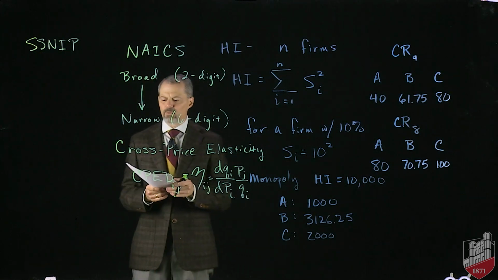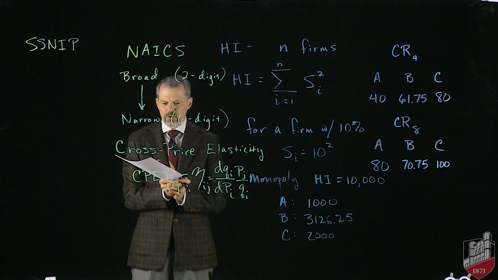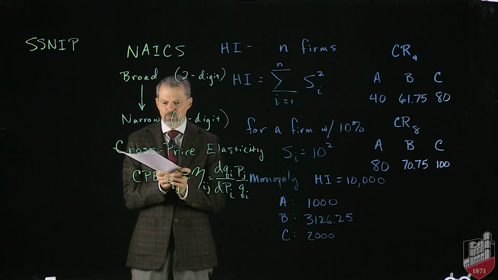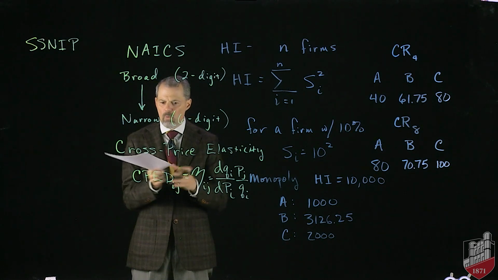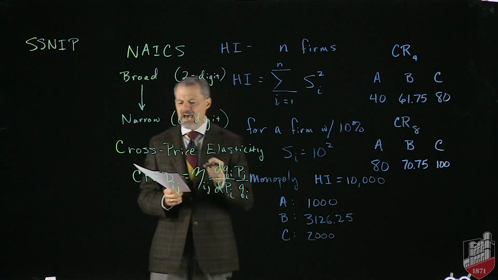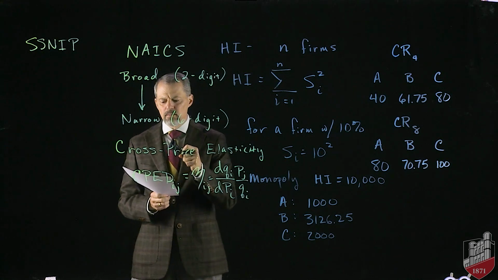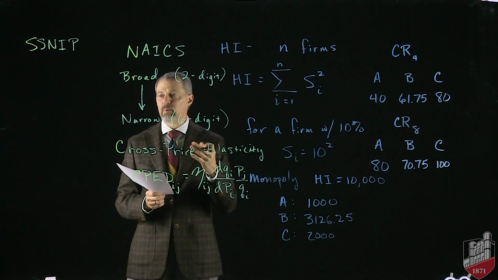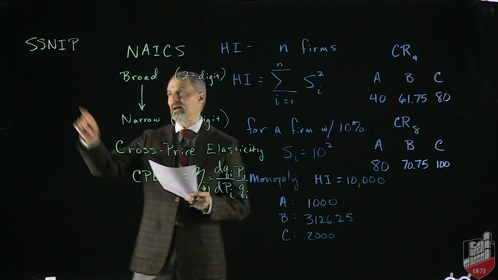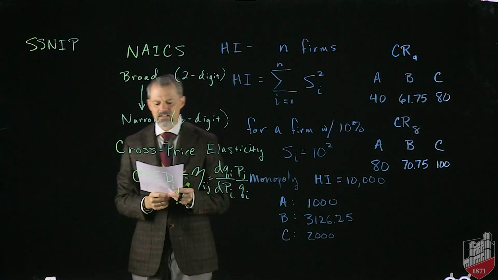And then we think about all of the stores in that particular market being a monopoly. So all of those stores are run by one decision maker. Would that decision maker be able to raise price by, say, 5%? So usually we're thinking about a small increase in price, 5%.